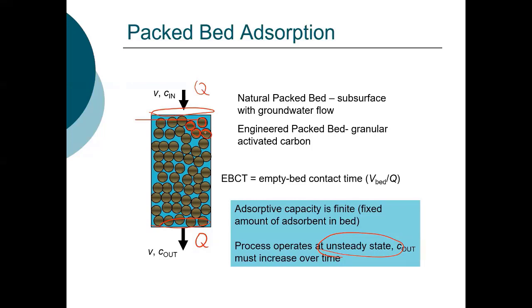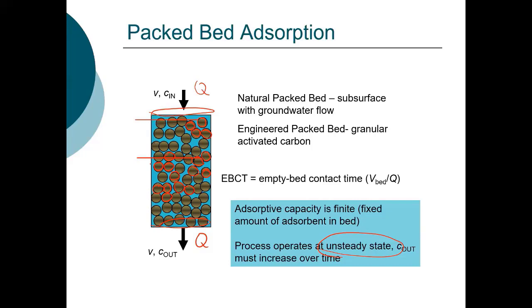The water's flowing through that reactor, the chemicals being absorbed, and eventually all of the sites would become absorbed. I'm not going to circle all of them, but all of the sites would become what we call exhausted.